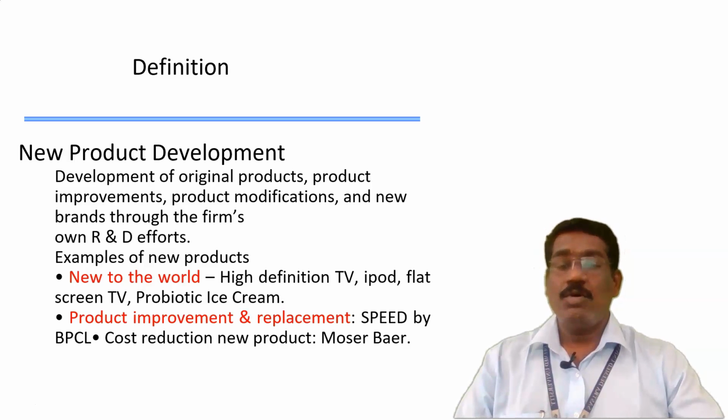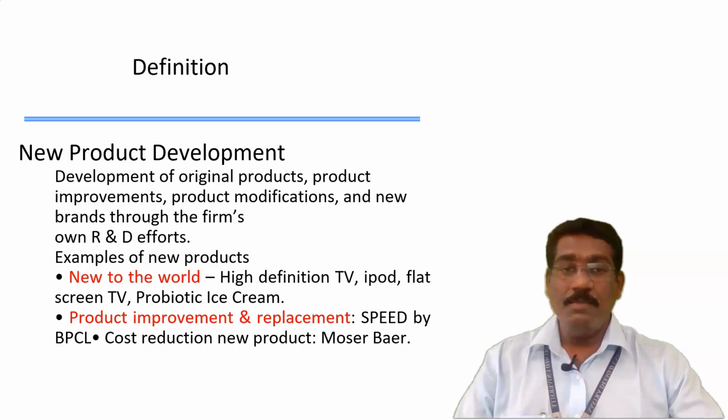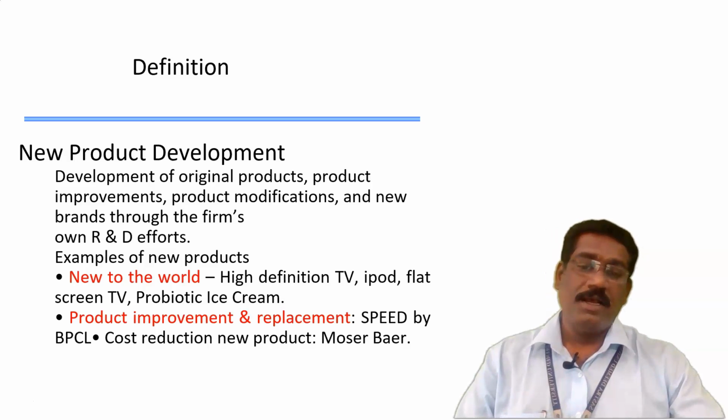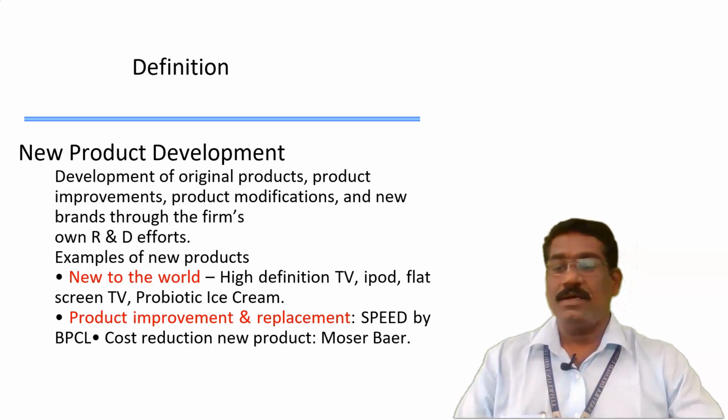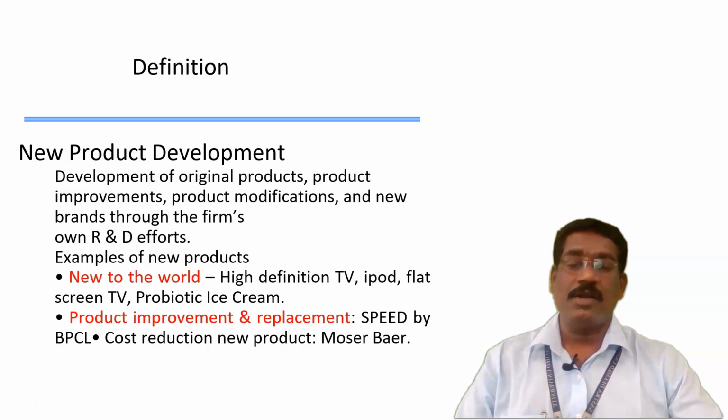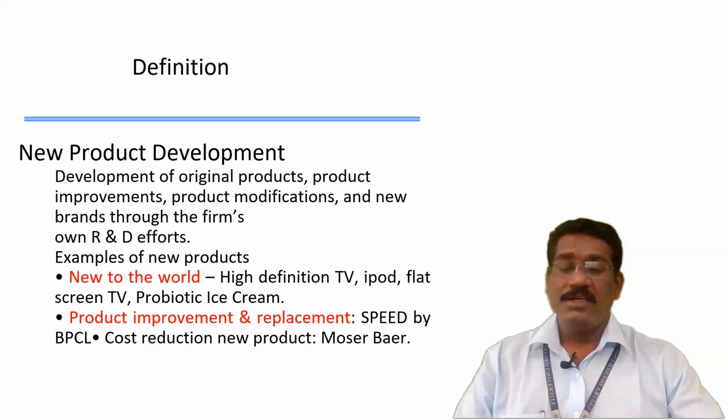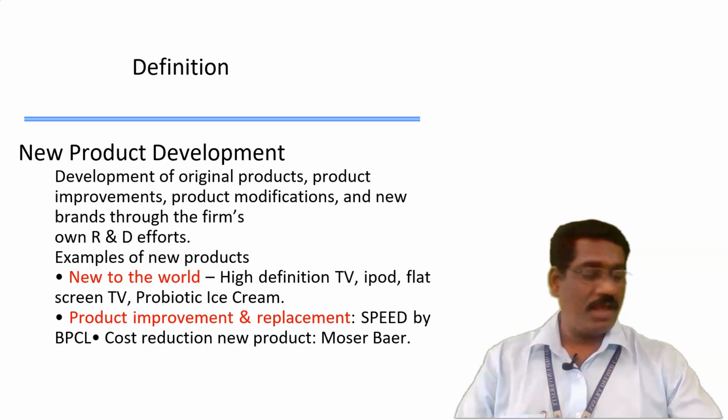When you talk about product improvement and replacement, Speed by BPCL is a great example. Also, there are certain products where they try to do cost reduction, and Mosapaya is a great example in this category.